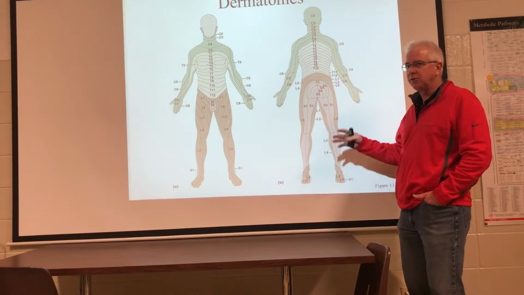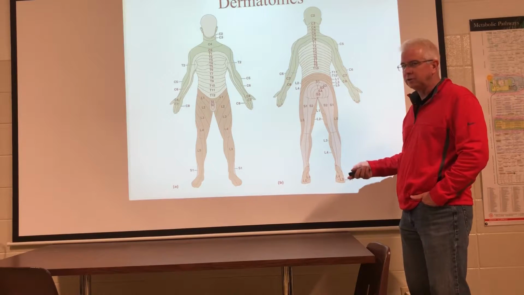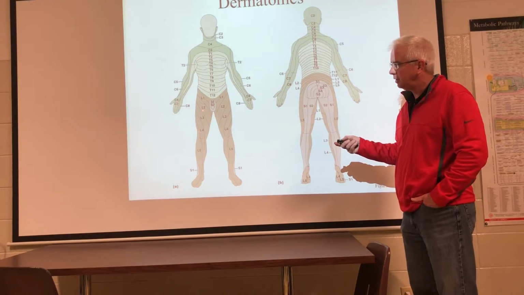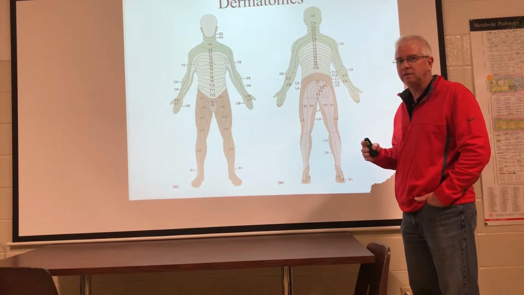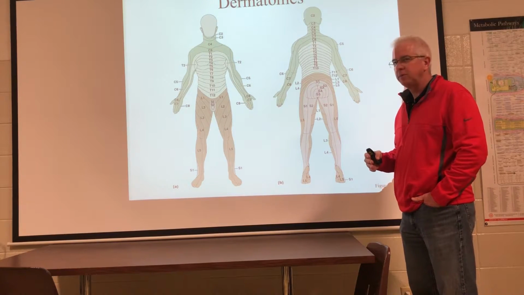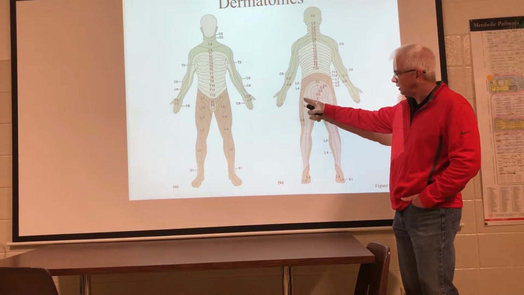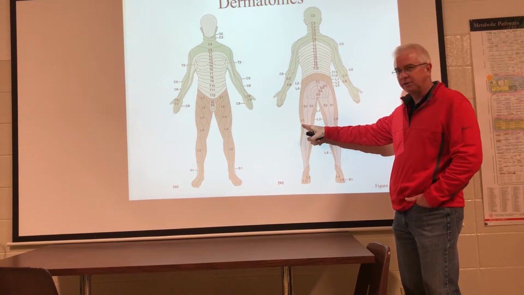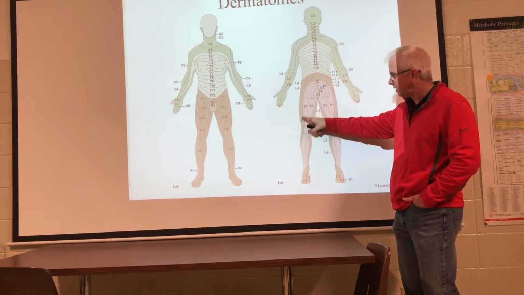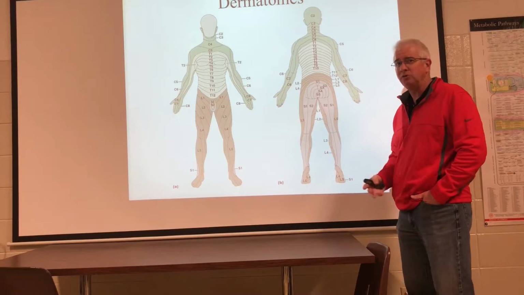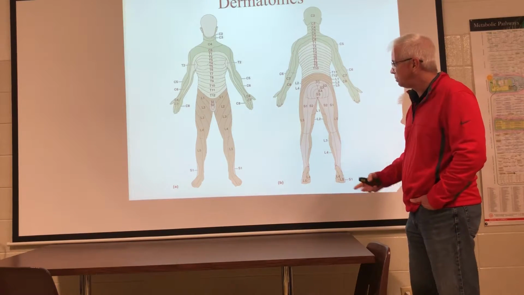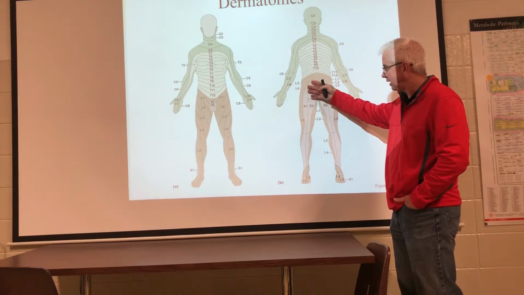So if you look at the dermatome here, you can see the sensory piece coming from the dermatomes labeled L4 and L5, and you can see this L5-S1 segment right here. This is the most common pain that people feel when they have back injuries.